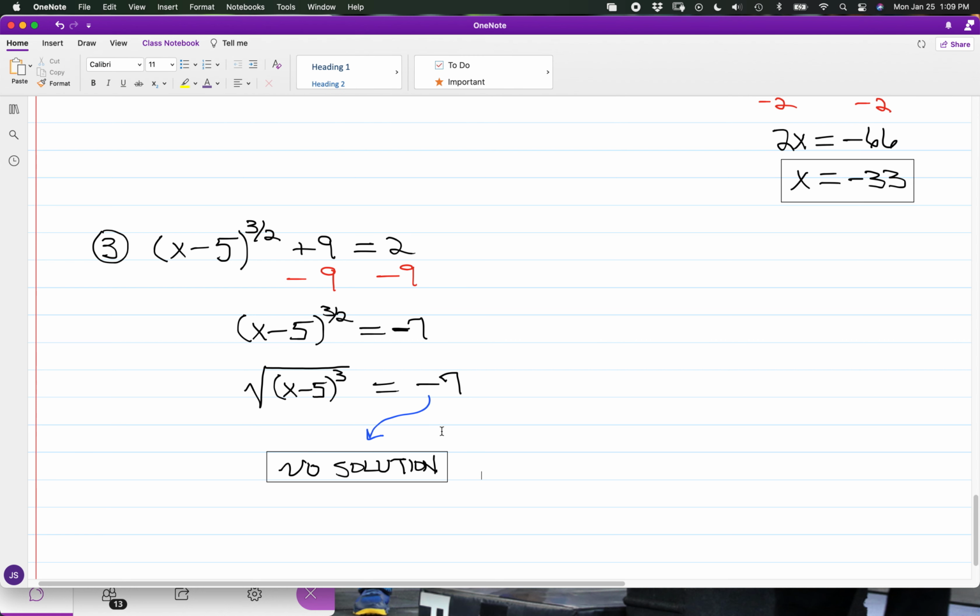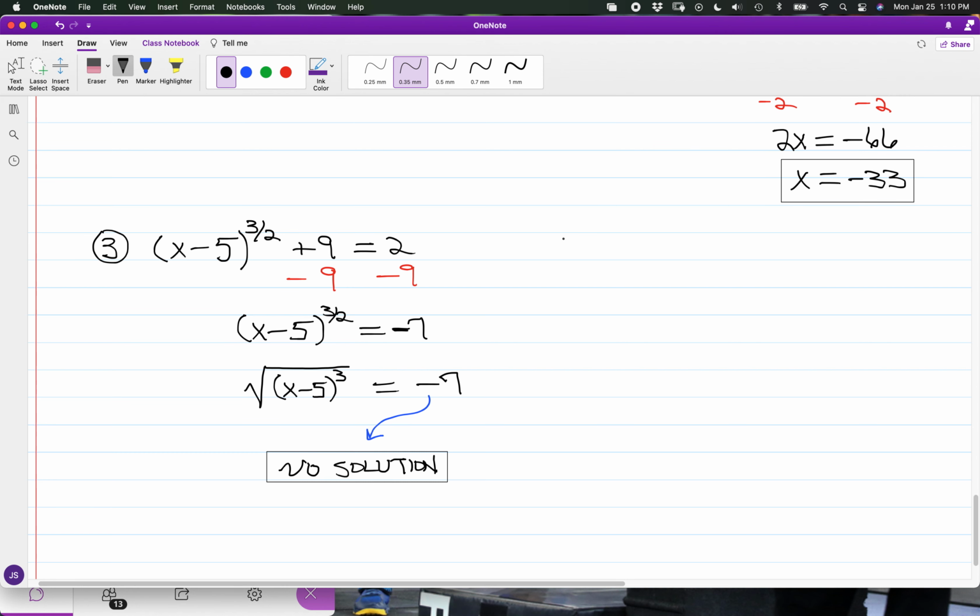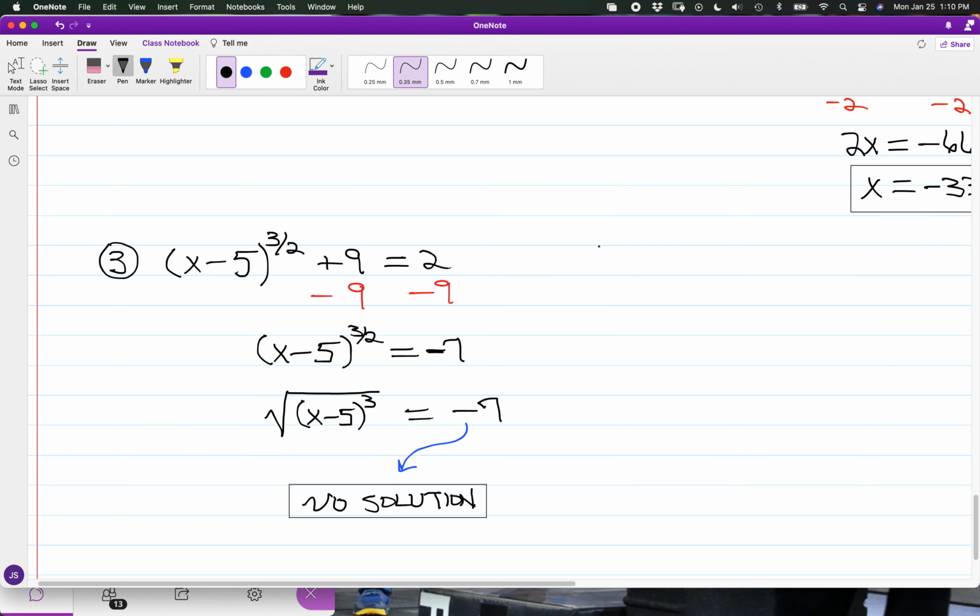Okay, now a special dynamic that we have here. I'll give you just x to the 3 halves is equal to 8.